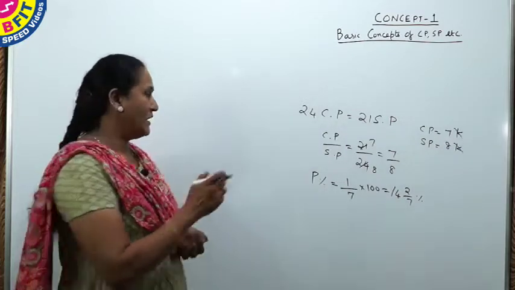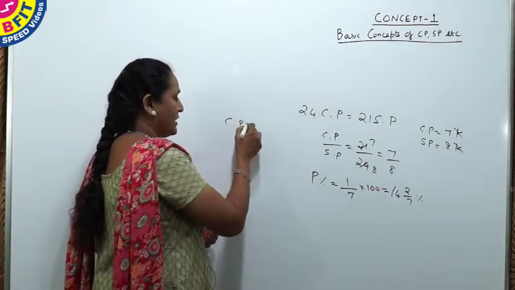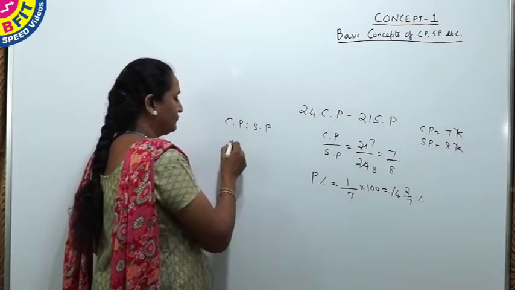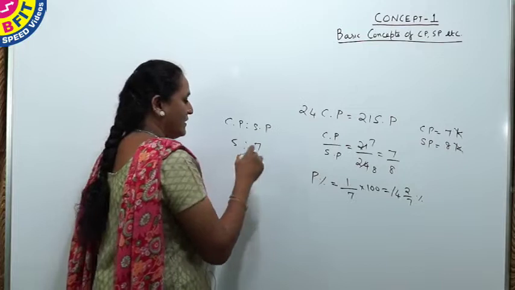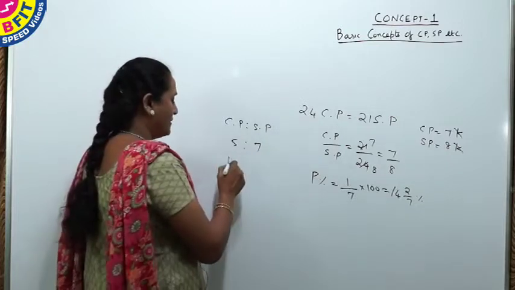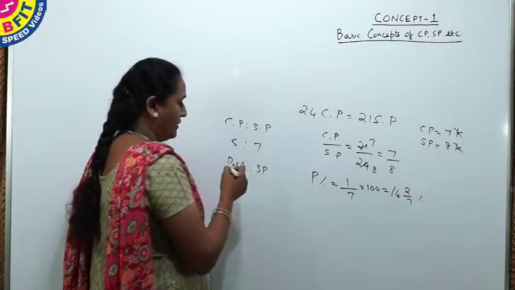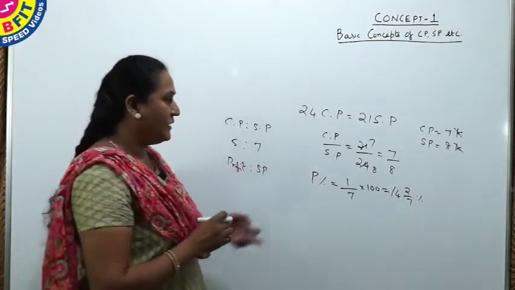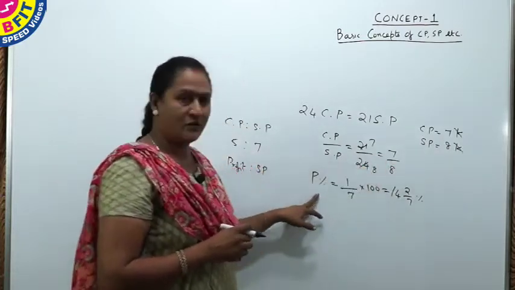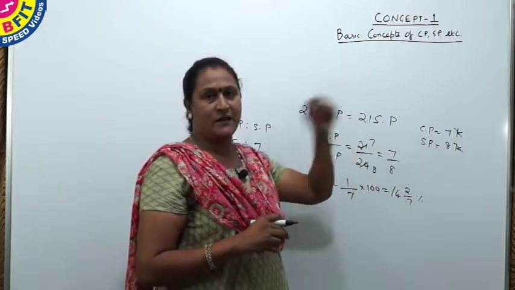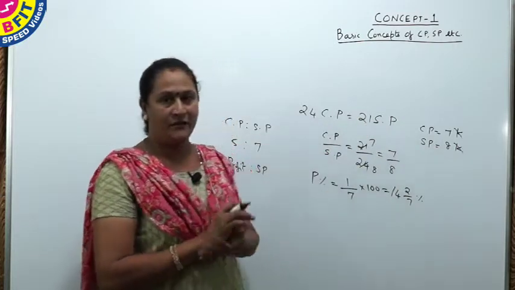Sometimes they give a ratio, for example 5:7. Now if they ask the ratio of profit and selling price, here the ratio was given and the percentage was asked. We assumed the cost price is 7, the selling price 8 and we worked it out.